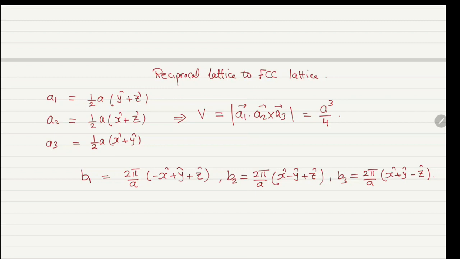And from the definition of b1, b2, b3, we can tell that these vectors are similar to the BCC structure. So the reciprocal of the FCC structure is actually a BCC structure.